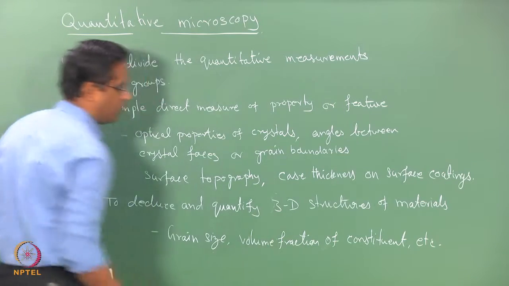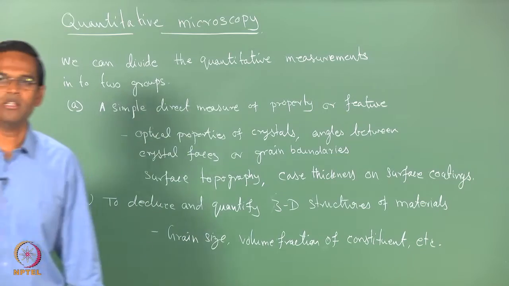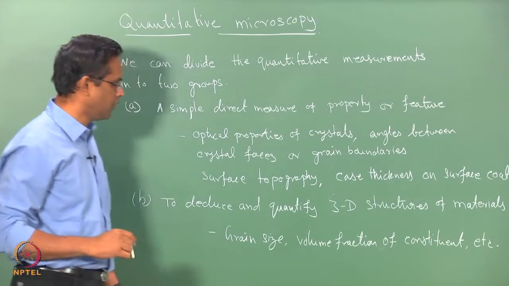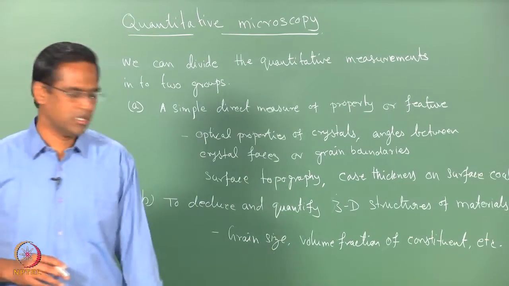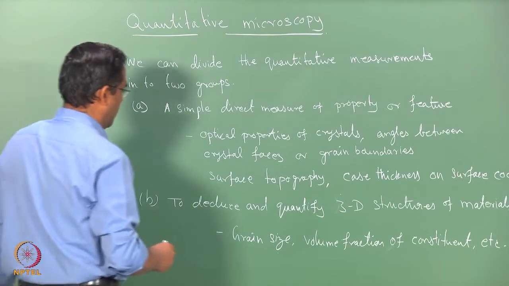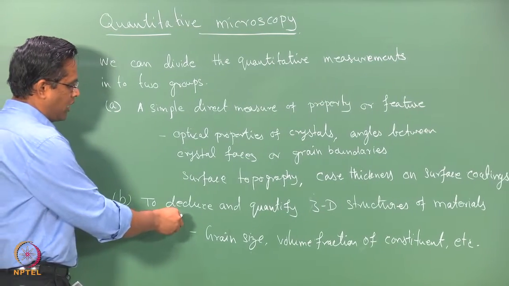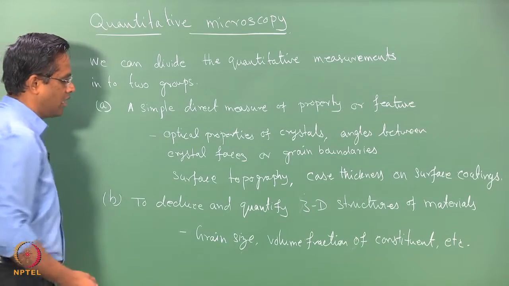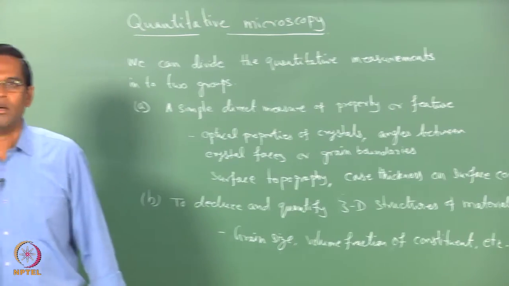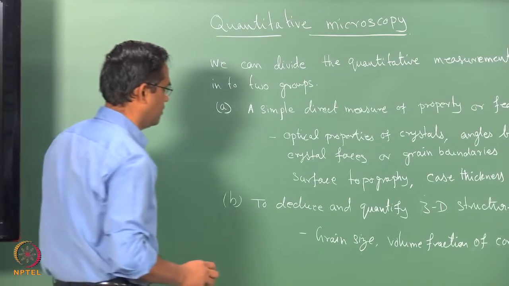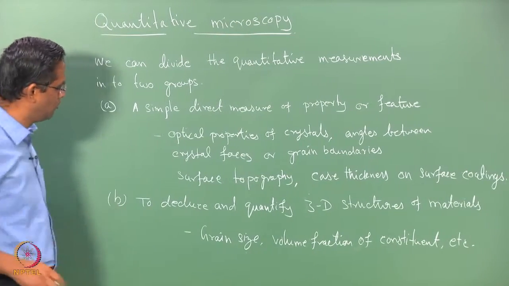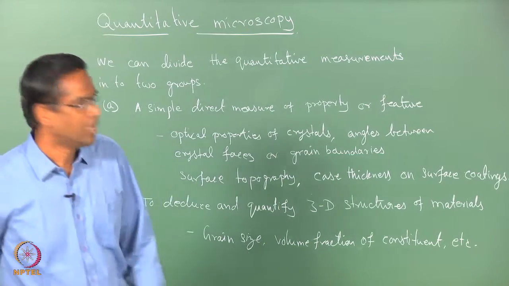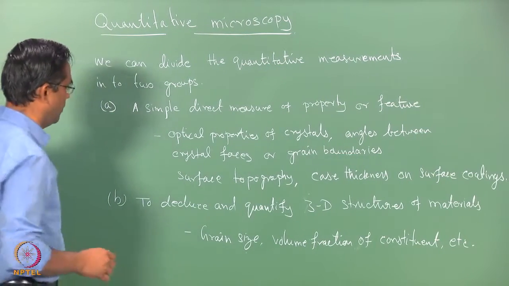You have the volume fraction of a constituent in a two-phase material. It could be a particle fraction or an independent phase of a multi-phase or polycrystalline material. They can be deduced and quantified in the microstructures. They are all three-dimensional structural parameters. So, these are the two broad categories under which one can use quantitative microscopy.